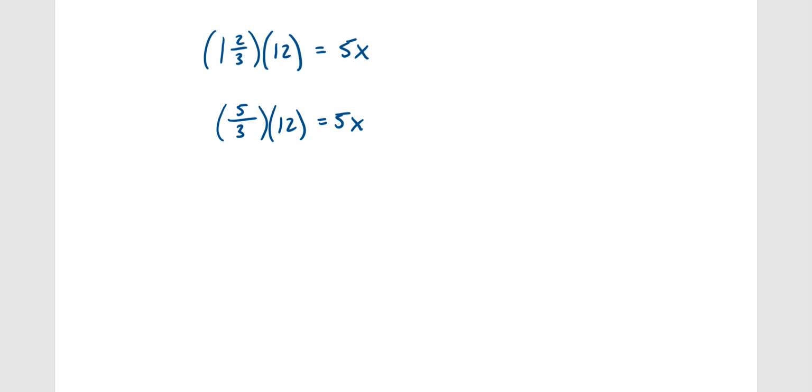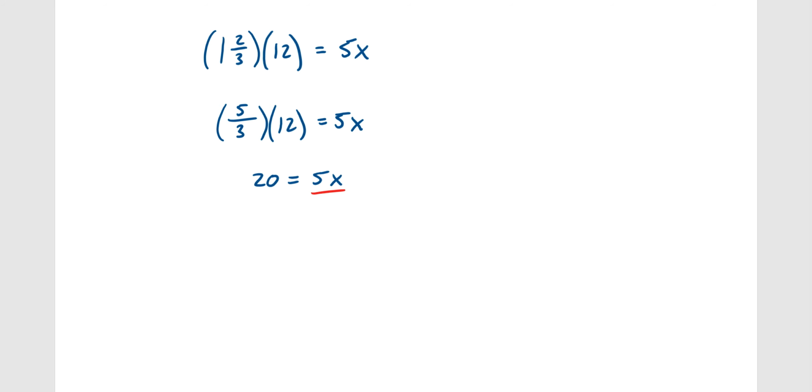And that's going to end up multiplying. 12 divided by 3 is 4. 4 times 5 is 20. Okay, so I just did that one without showing my work. I simplified the 12 over 3 as 4, and then multiplied that by the 5 and got 20.